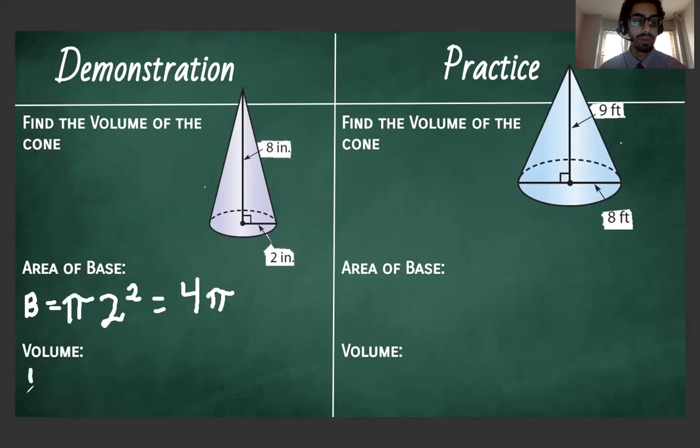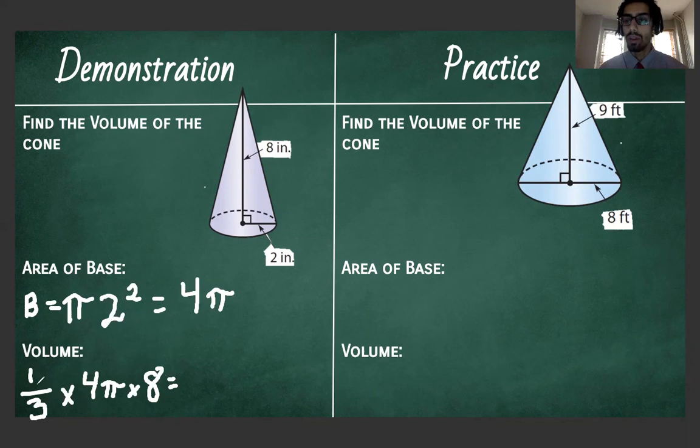So I'm just going to do 1/3 times 4 pi times 8. It's exactly that. And over here, this is where it would be helpful if you had a calculator. If not, you can just kind of do the math in your head.